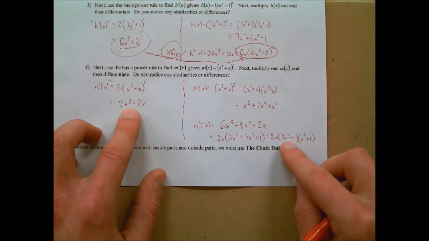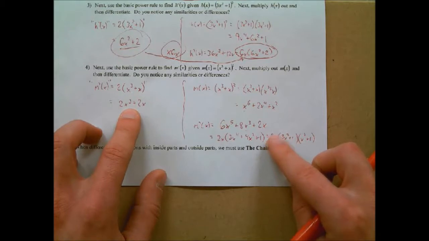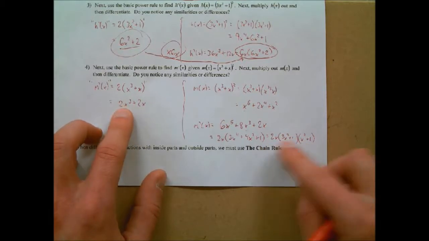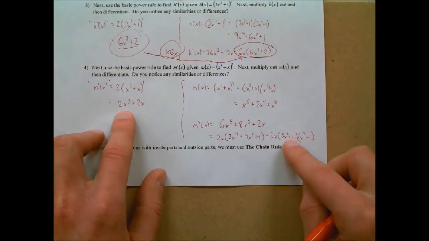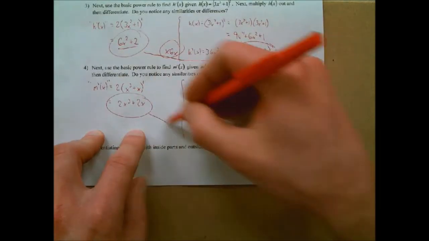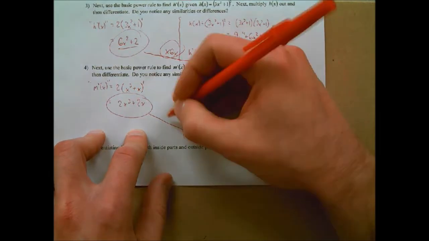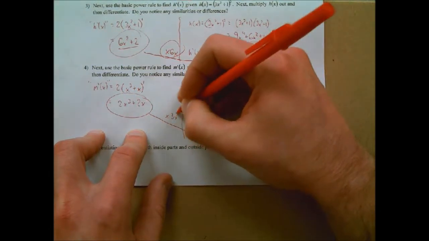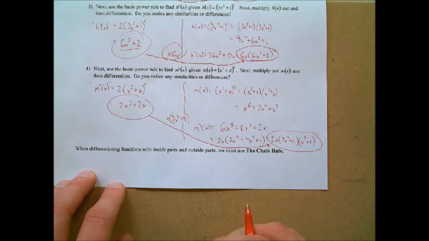If I take that 2x and multiply it with the x squared plus 1, 2x times x squared gives me 2x cubed, and 2x times the 1 gives me a 2x. All this one's missing is the factor 3x squared plus 1. So to go from here to the actual derivative, I need to multiply by 3x squared plus 1. So there's our correction factor.